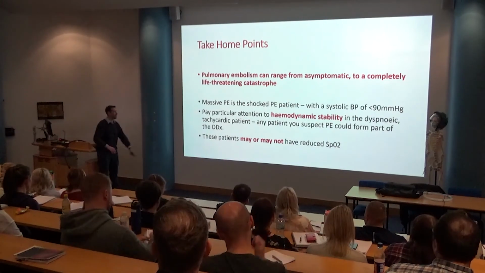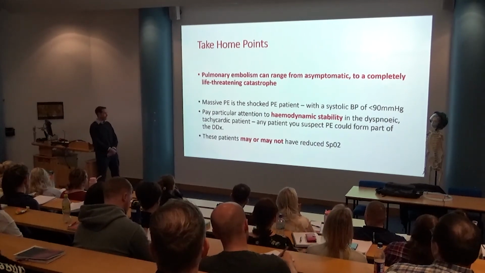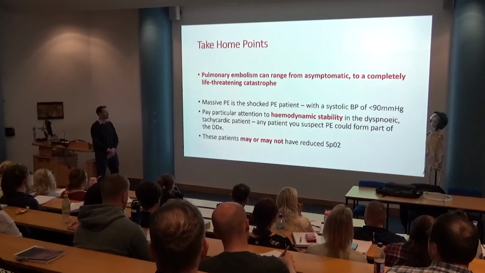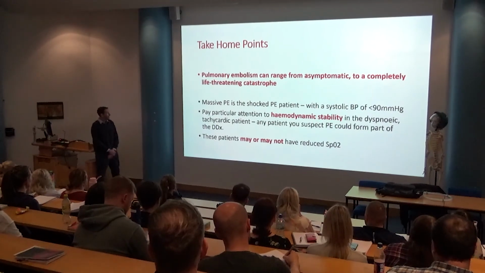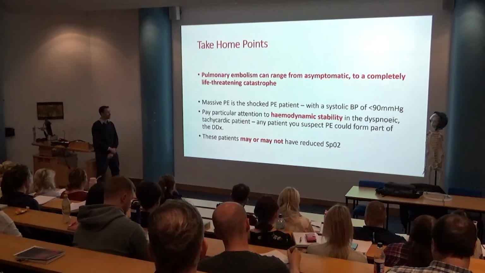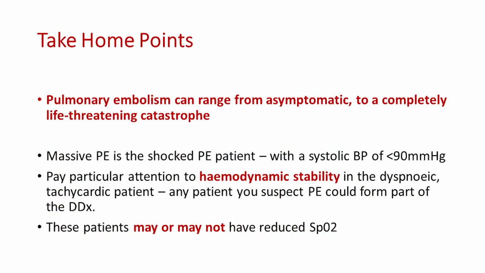Take home points: pulmonary embolism can range from asymptomatic to a completely life-threatening catastrophe. Massive PE is a shocked PE patient with a systolic blood pressure below 90. Pay particular attention to hemodynamic stability, so get all your obs in quickly and try to gauge where you're at cardiovascularly.